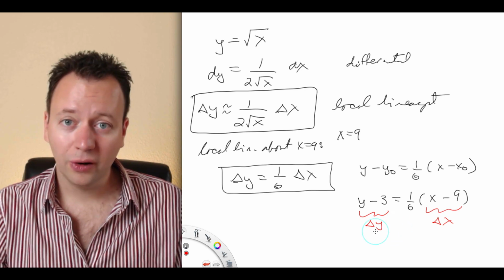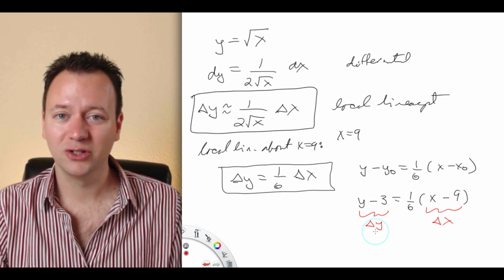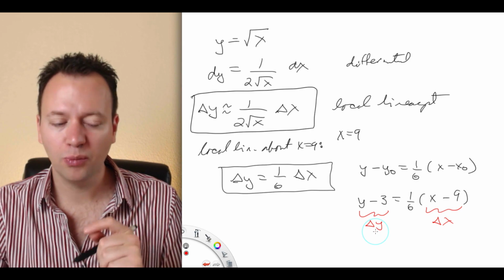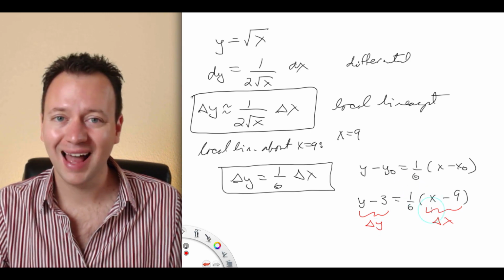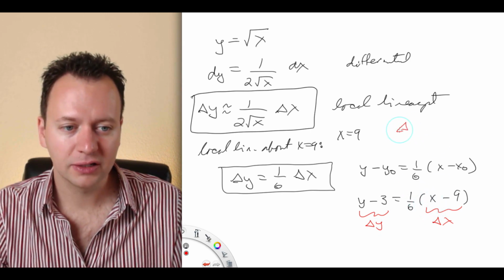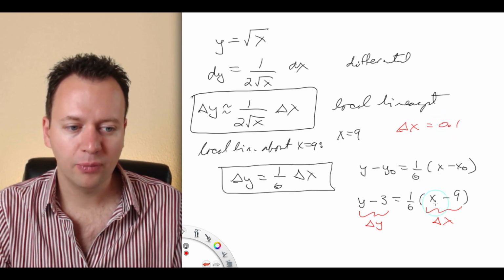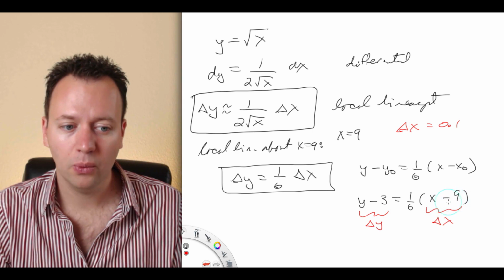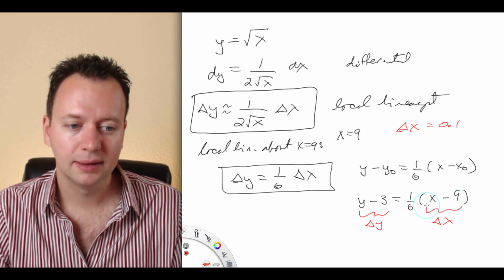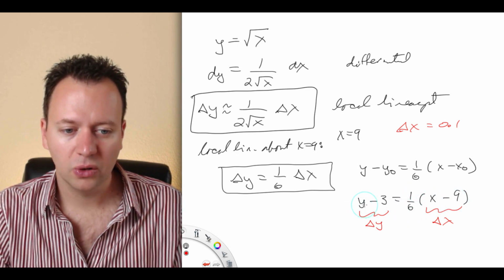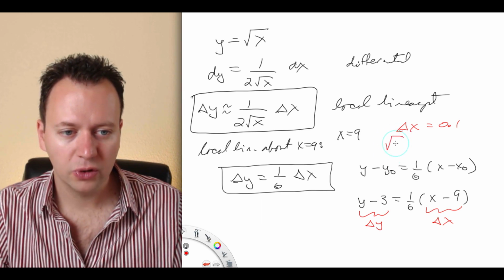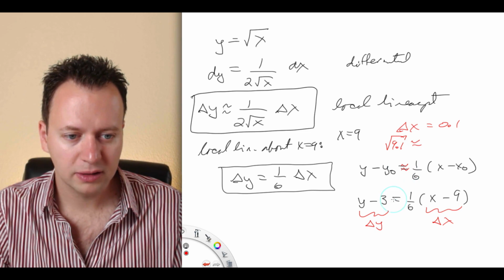It works if x is close to 9. So if x is 9.1, the delta x would be 0.1. So 9.1 minus 9 is 0.1, and 0.1 over 6. And y would be the square root of 9.1, and these should all be approximate.